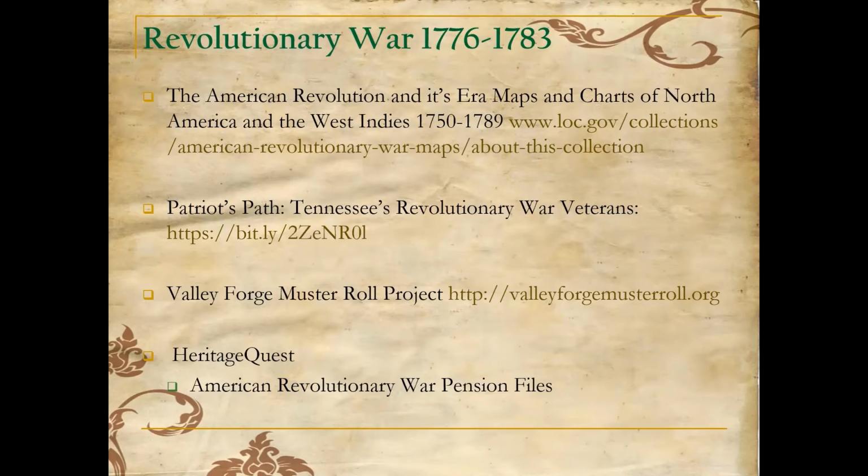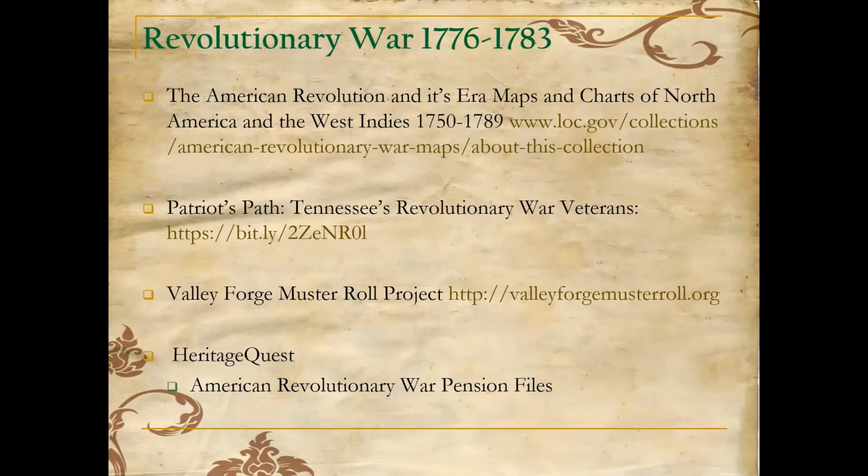Okay, so I talked about the fantastic map collections that the Library of Congress has. Here's the link, and it's in your handout, of specifically the American Revolutionary map collections that they have. So just again, another phenomenal resource that the Library of Congress makes available to you. Patriot's Path should be the only link that's not in your handout.